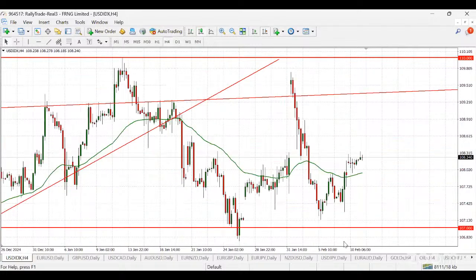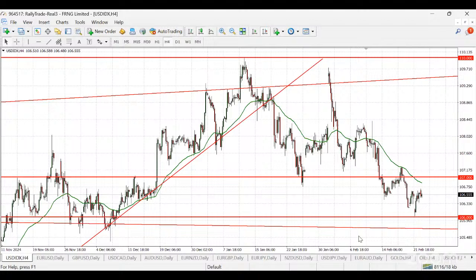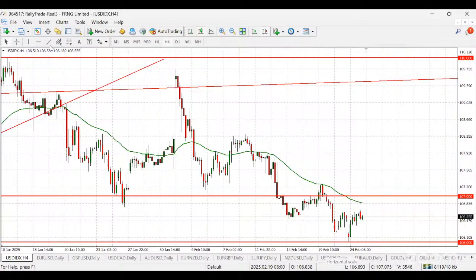So what that means is that we'll be trading this 106 level as support, and then 107 as resistance until we get some clarity of direction here. All right. And that would be price breaking out of this consolidation phase that we currently have. And that would mean breaking above 107 to the upside or breaking below 106 to the downside. But currently, we have this consolidation phase, which really doesn't offer much trade opportunities. All right.